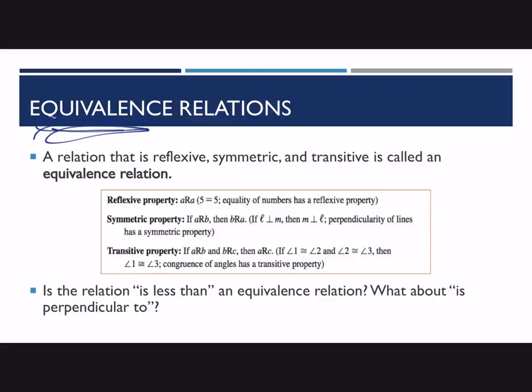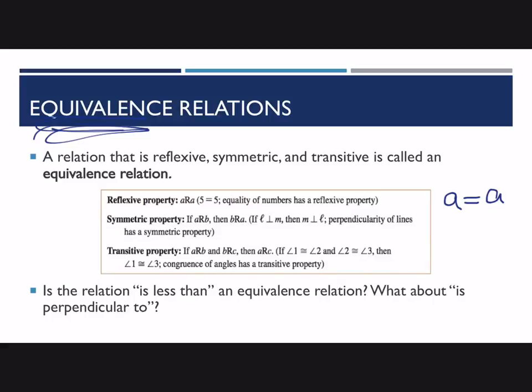So just like the equal sign, they also have to have these properties: reflexive, symmetric, and transitive. So this is something we talked about back when we did properties of equality, okay, and we saw that for the equal sign, if we're talking about numbers, A equals A, so 3 equals 3, for example.